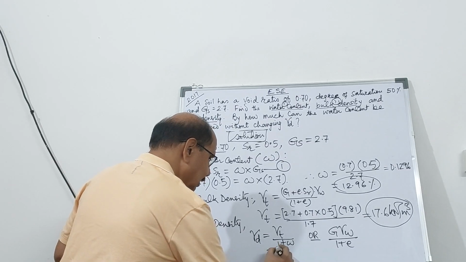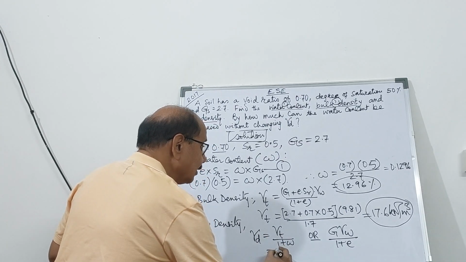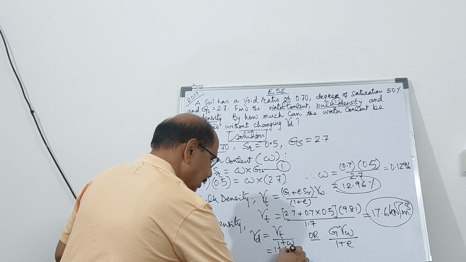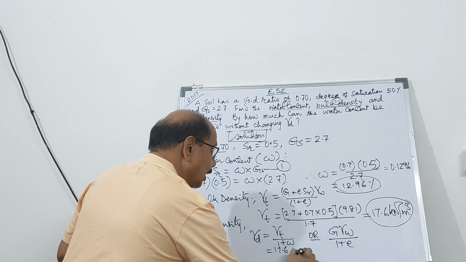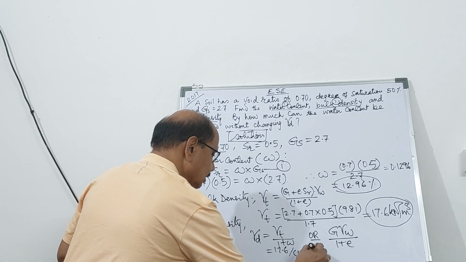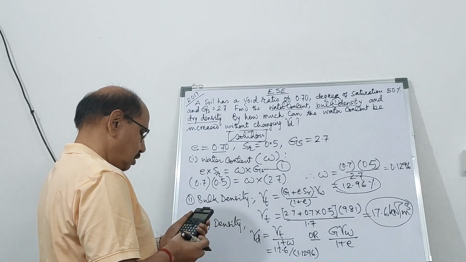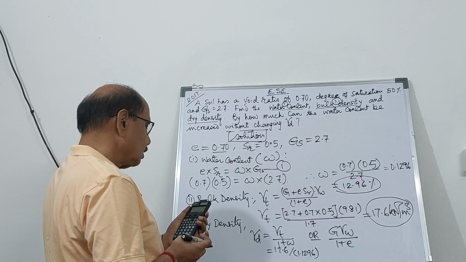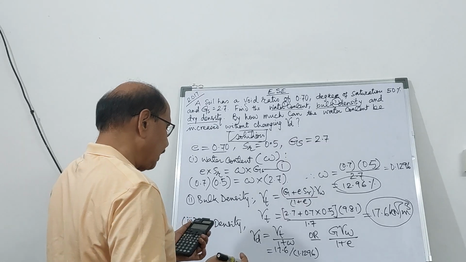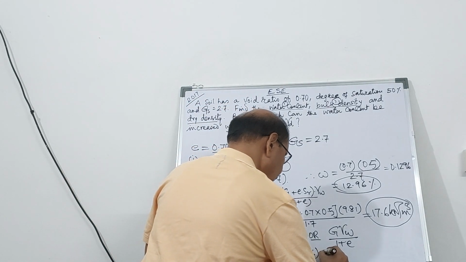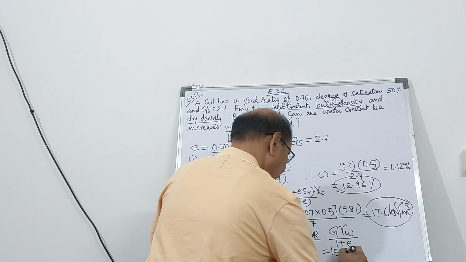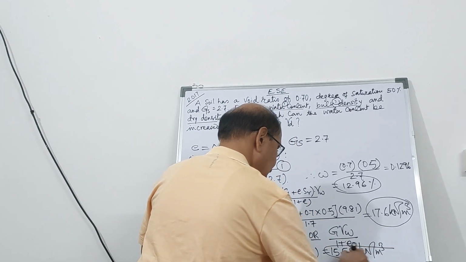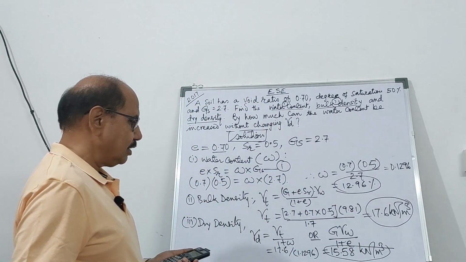So here gamma D is 17.6 divided by 1.1296, which gives you 15.58 kilonewton per cubic meter. This is the answer for dry density.